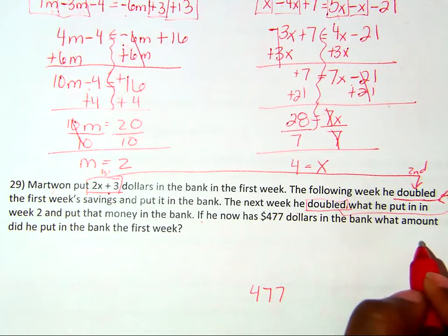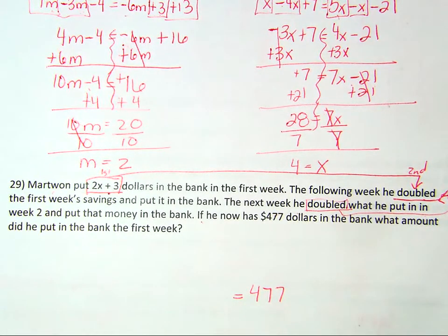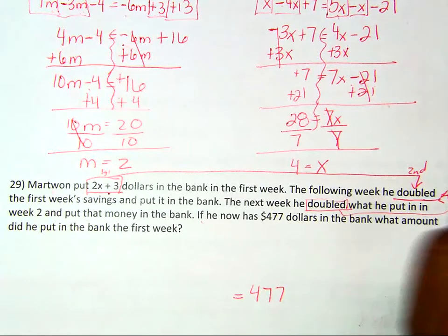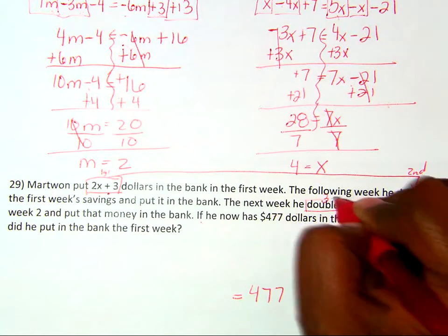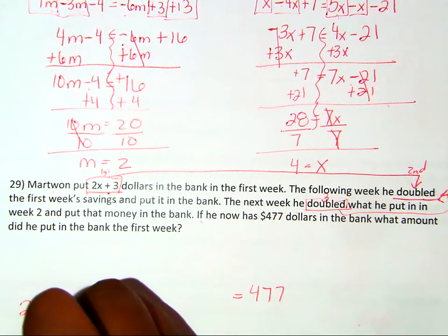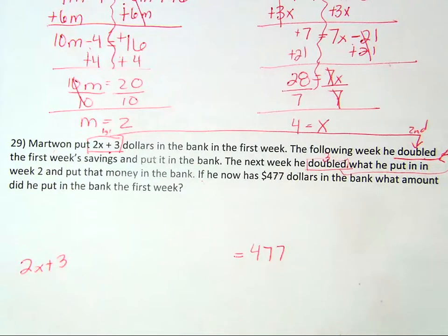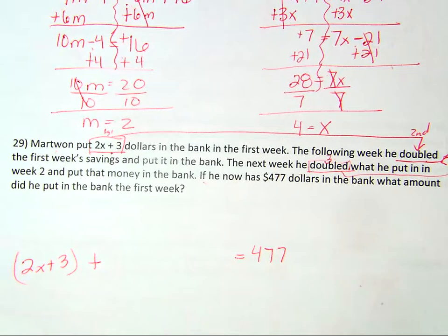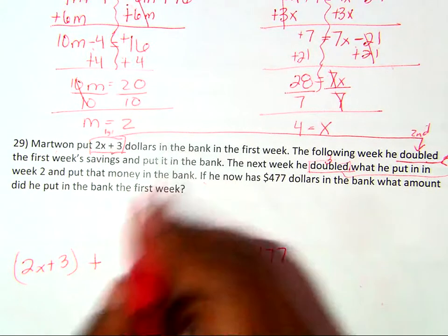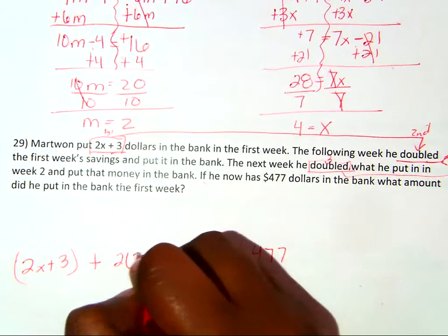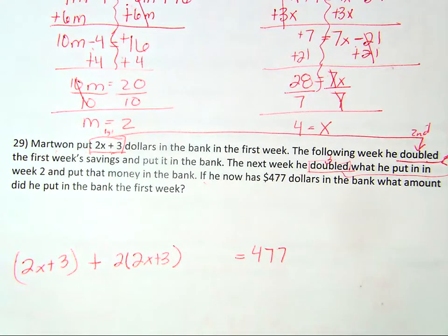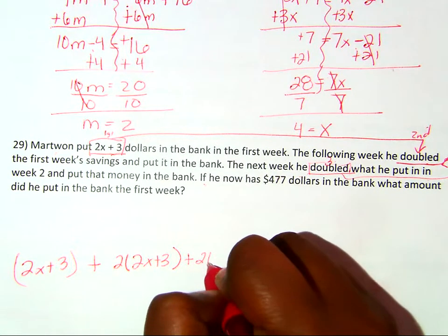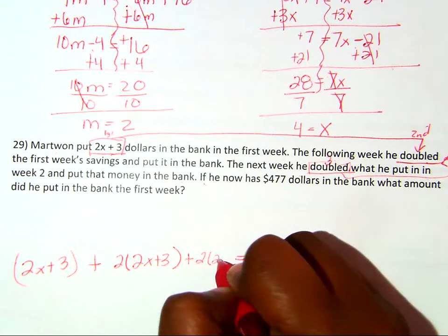All right, so let's add this up. So we know this is week 1, week 2, this is week 3. So week 1, 2x plus 3. That's week 1. Plus, week 2 is this times 2. So 2 times this. Then week 3 is 2 times this. I'm going to write it down here.